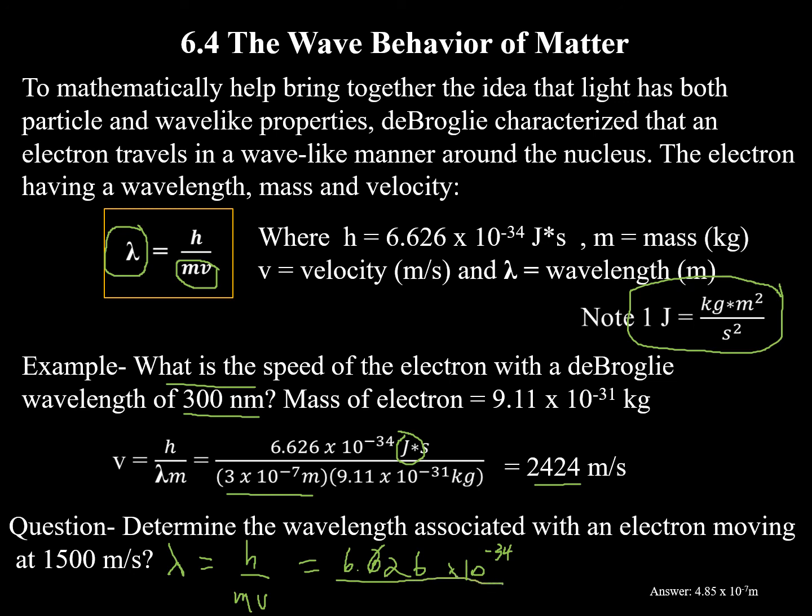Mass of the electron, 9.11 times 10 to the minus 31 kilograms, and the speed moving at 1500 meters per second. When you plug all this in, hopefully you get 4.85 times 10 to the minus 7 meters.